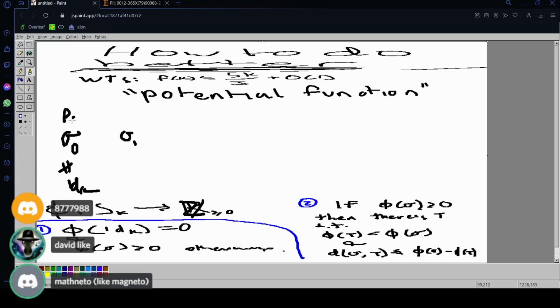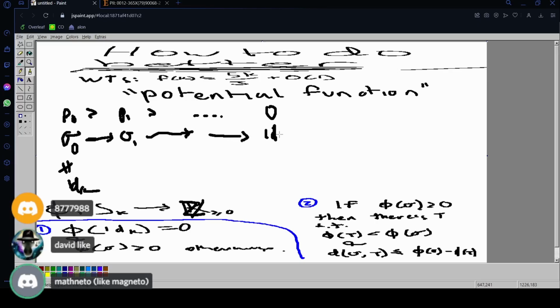Let P0 be the first potential, and we get a smaller potential, until we eventually stop at id k, where the potential is 0. Obviously, if our potential only takes integer values and we're always decreasing, then after a finite number of steps, we should be reaching the identity.